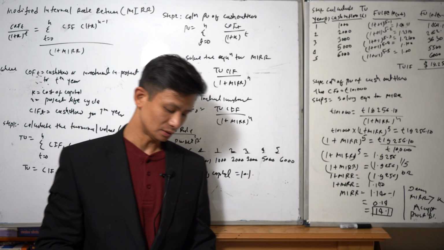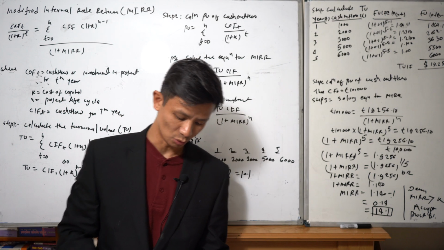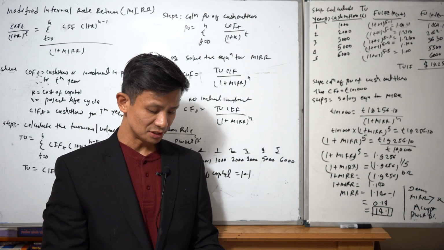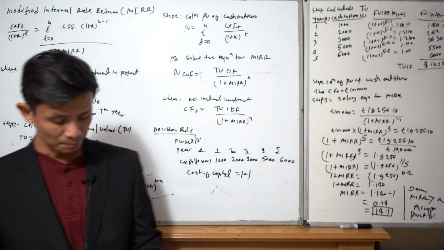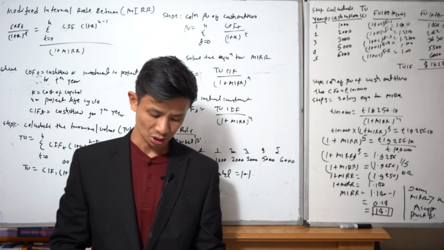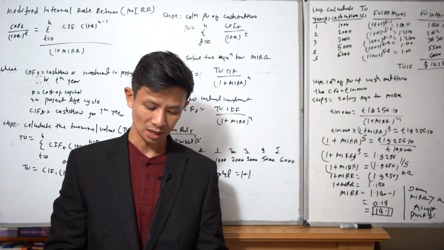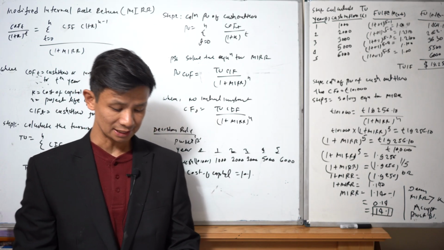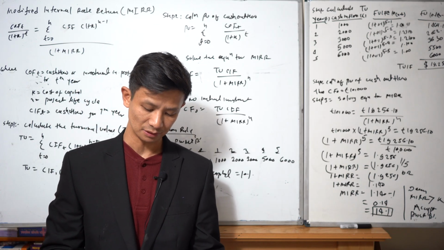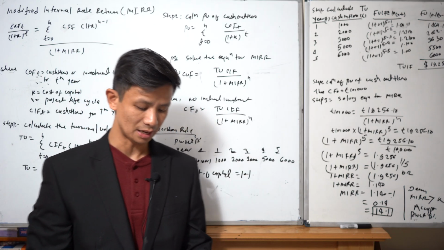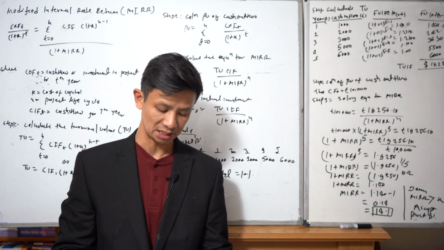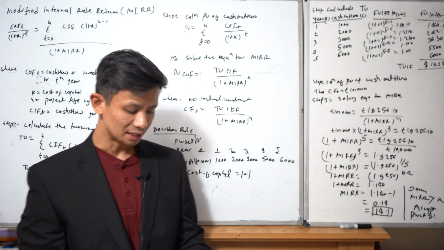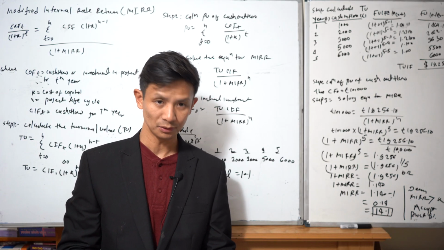Finally, let's have a look at the merits and limitations of modified internal rate of return. MIRR has fundamentally two merits over IRR. First, it is based on the assumption that the cash flows are reinvested at the cost of capital. This assumption is more realistic than the assumption of regular IRR. So MIRR is a better indicator of profitability of the projects. And second, it solves the problem of multiple returns.